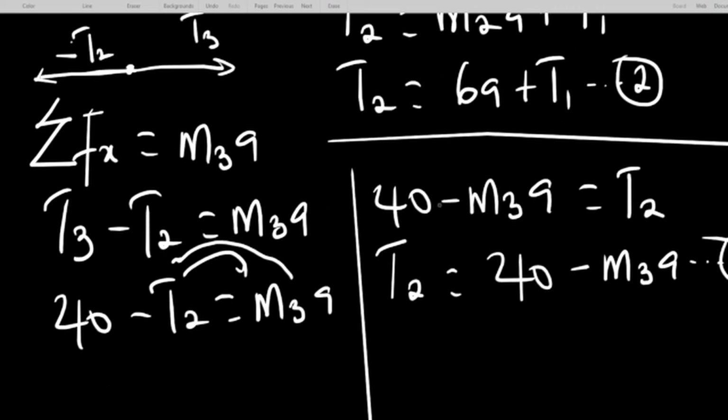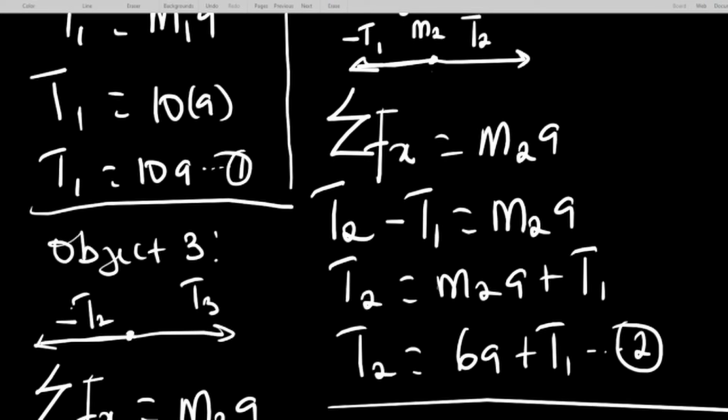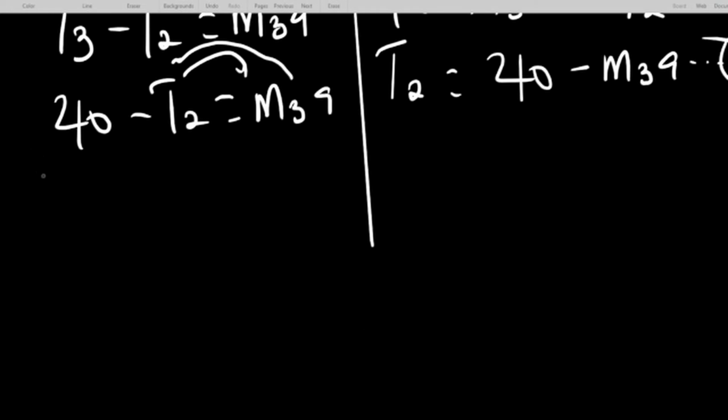So if you look very closely here, we have two equations that can give us T2. We have equation 2 and equation 3. Since we know that T1 is equal to 10A, I'm going to substitute the value of T1 into this equation here. So let me solve that simultaneously.